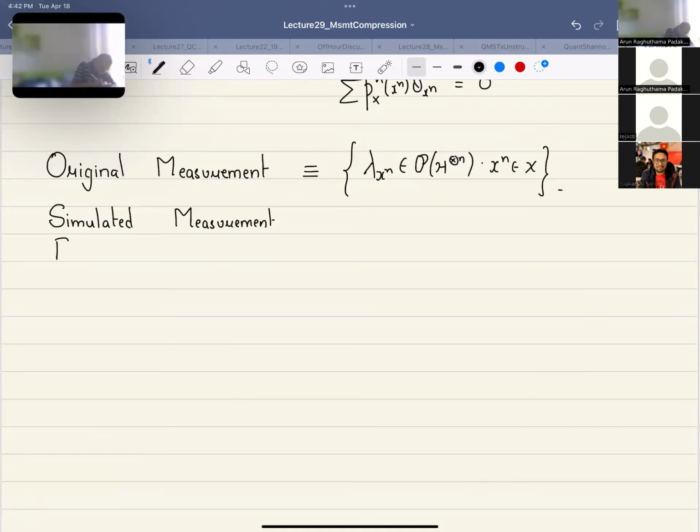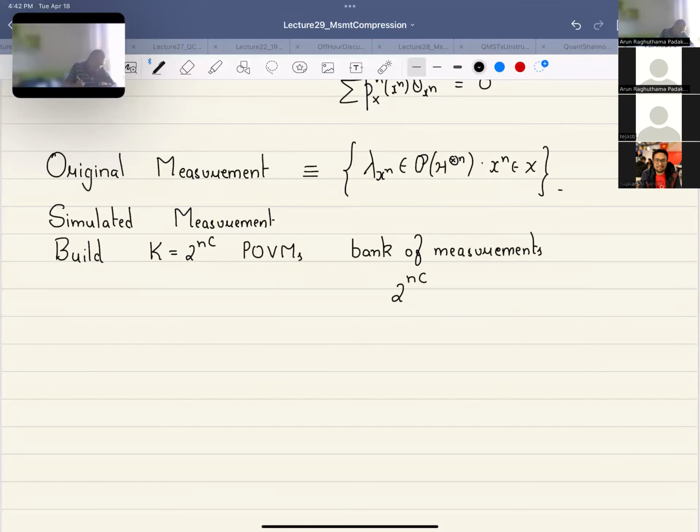Build K equal to 2 power nC POVMs. So I'm going to create a bank of measurements. I'll call this a bank of measurements. How many measurements are there in this bank? There are 2 power nC measurements in this bank.